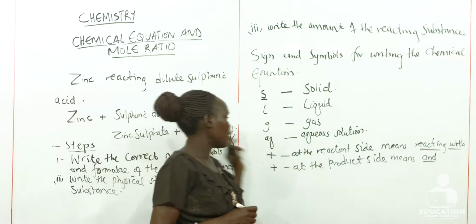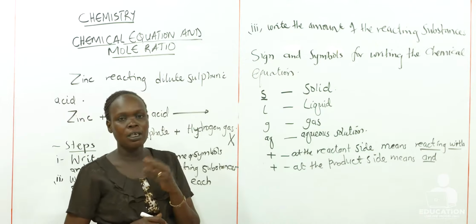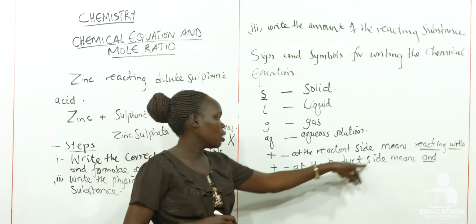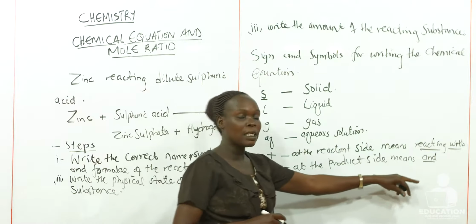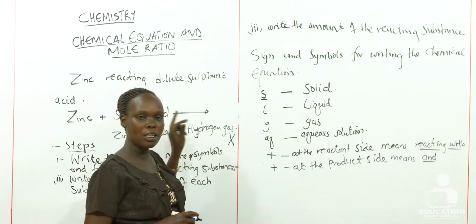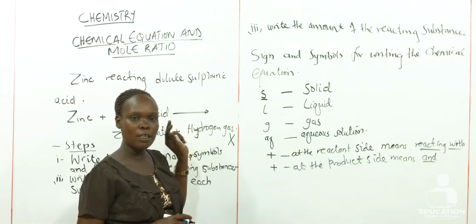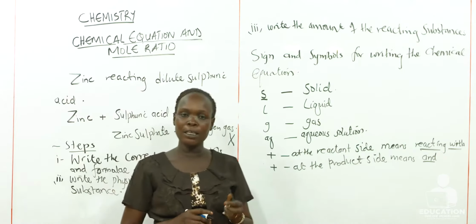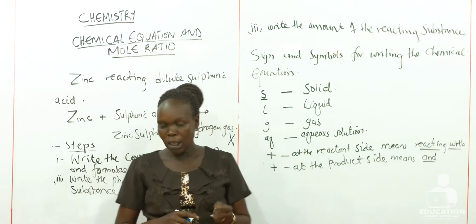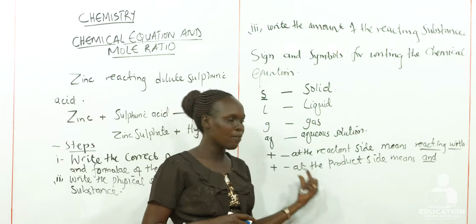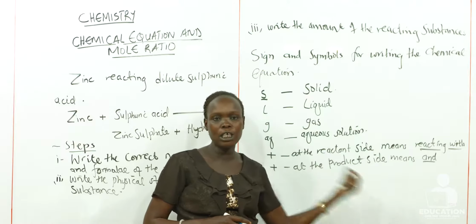So it means that zinc is reacting with sulfuric acid. At the product side, the same sign represents and. It means the products formed. For example, zinc plus sulfuric acid will give us zinc sulfate plus hydrogen gas, so the products formed are zinc sulfate and hydrogen gas.